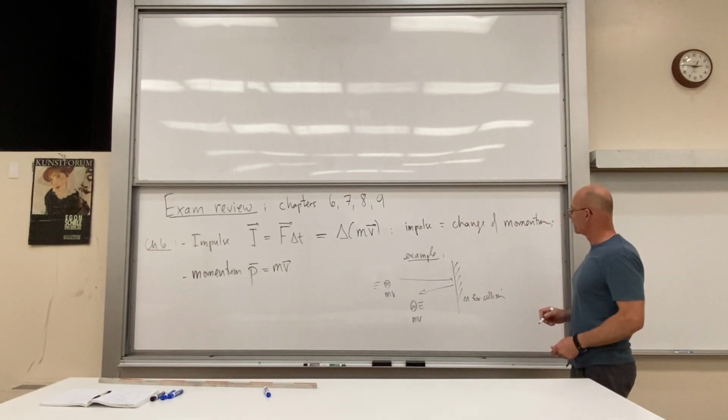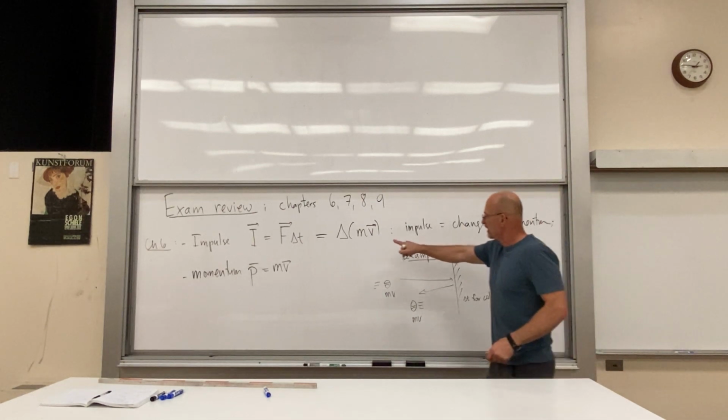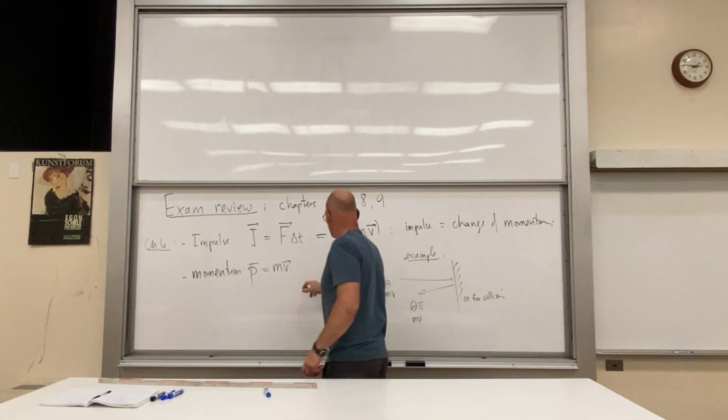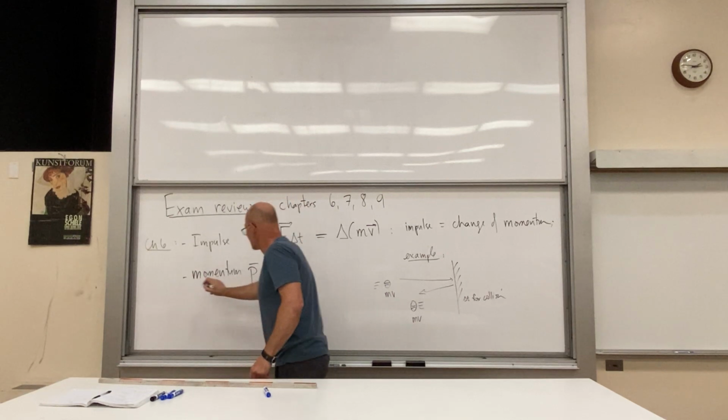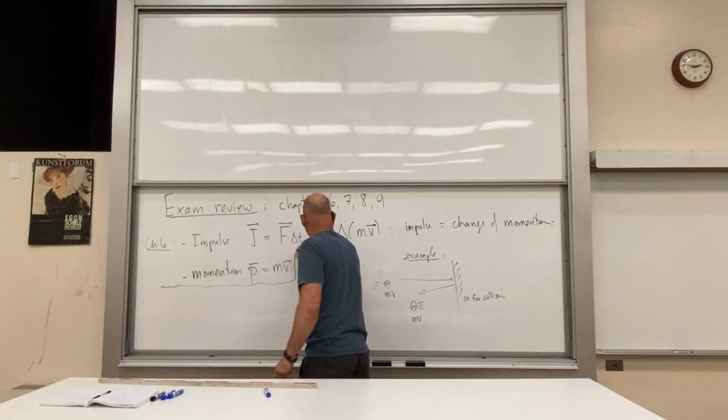So what do we have here? We have F delta t. I'll just put a line under here.